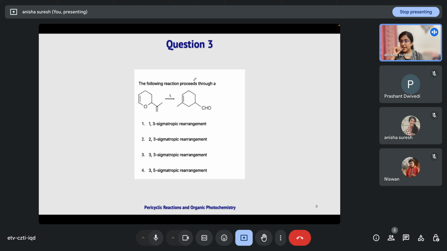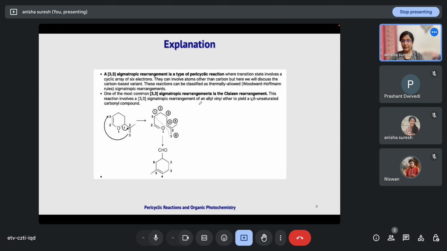So what sort of rearrangement is taking place here? 3,3 sigmatropic rearrangement is taking place here. So we will see the mechanism of how this is getting converted into this one.